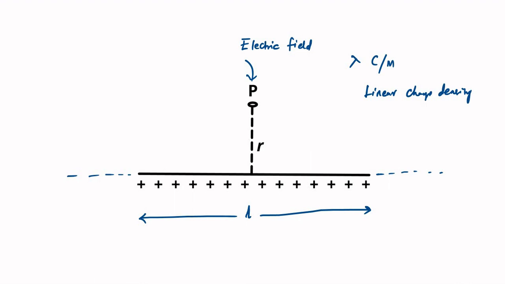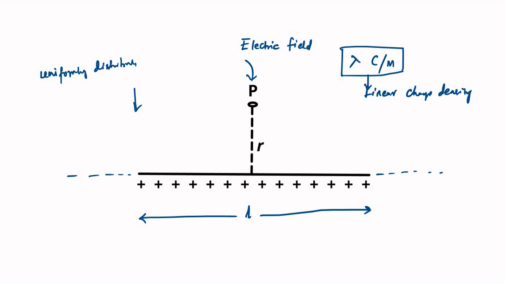Here we have to choose a suitable Gaussian surface so that it fully covers the entire linear charge configuration. It is linear because it's a straight wire where the positive charge is uniformly distributed with linear charge density lambda coulomb per meter.